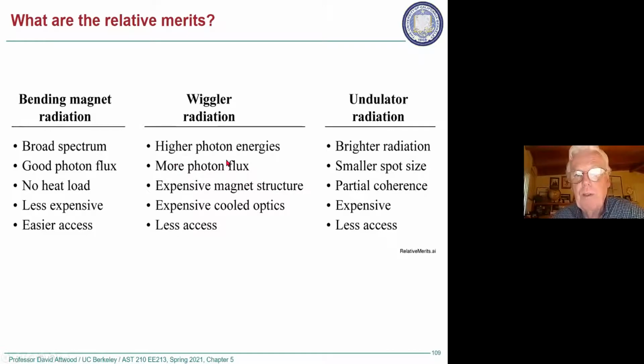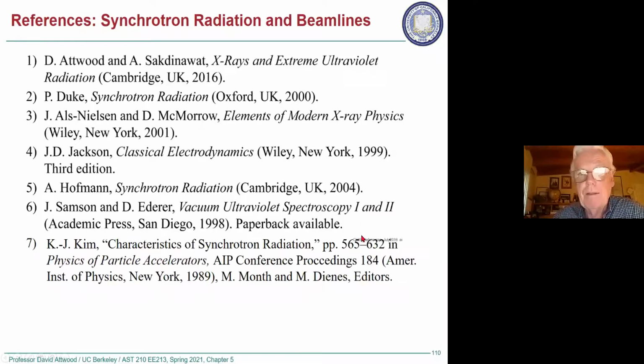It has more photon flux. It has an expensive magnet structure, so it costs more, and it puts out so much power that the first optics it hits would melt without water cooling, and there is less access. And then the undulator has the brightest radiation, some degree of coherence, and it's expensive, and access is competitive.